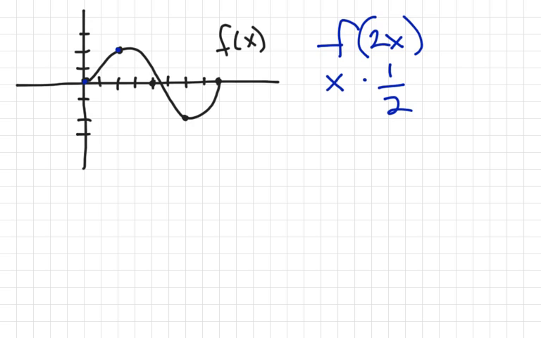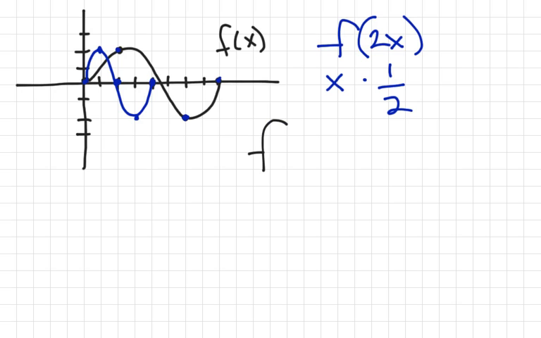The x-coordinate of 2 becomes 1, 2. This one here is at 4, 0. Well, it's going to move to 2, 0. 6, -2 is going to move to 3, -2. And 8, 0 is going to move to 4, 0. So this is what it does to the graph.